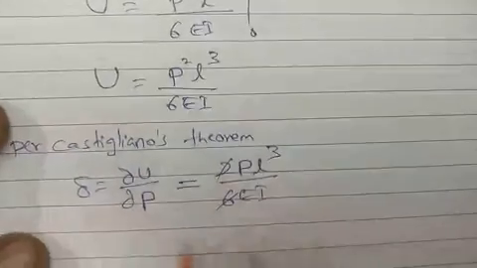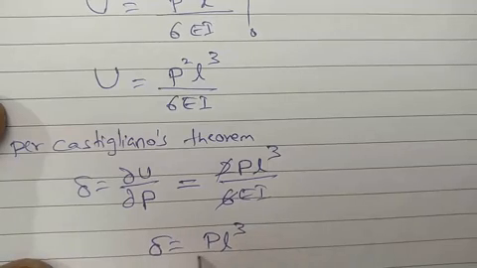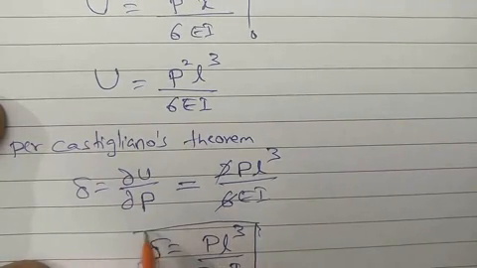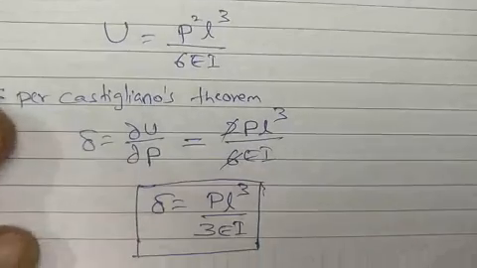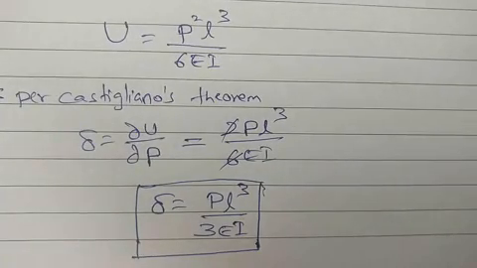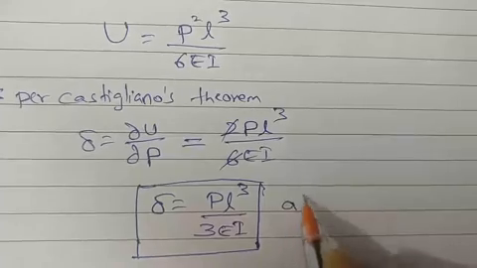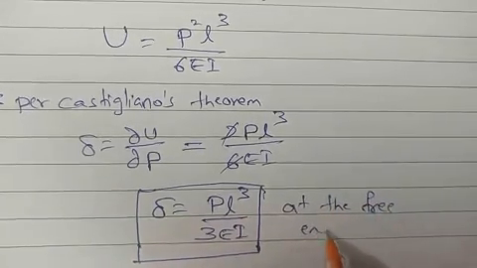This will become delta is equal to P L cube by 3EI. Deflection at the free end.